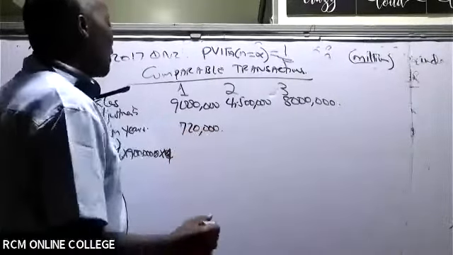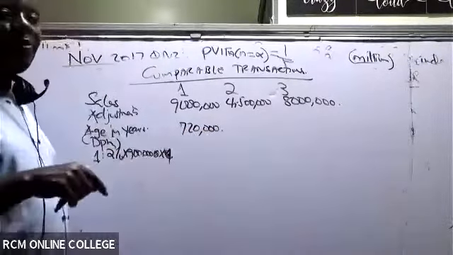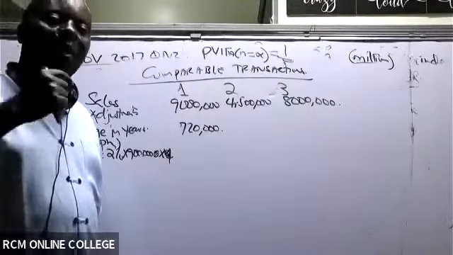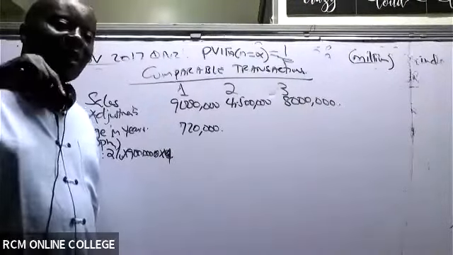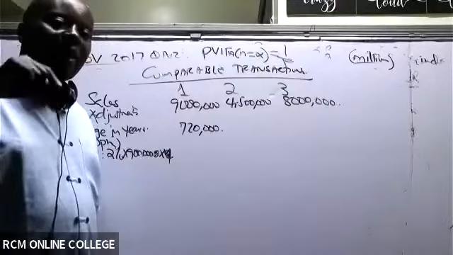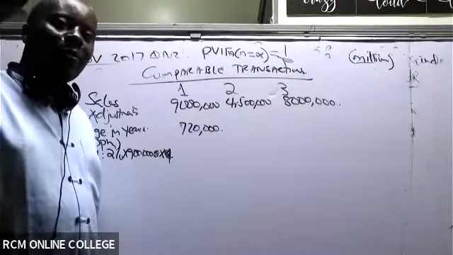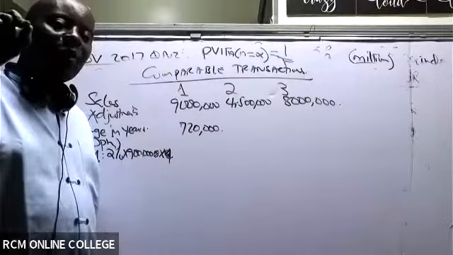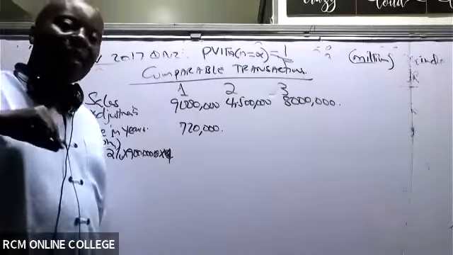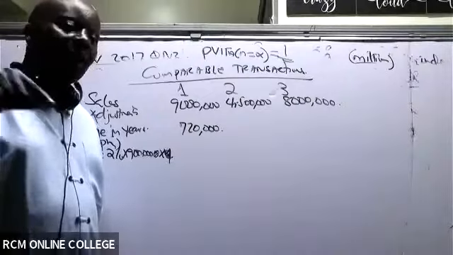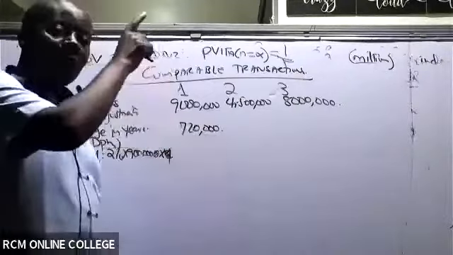720,000. So this 720,000, should it be positive or negative? Remember, our existing property is much newer. I would want these old properties' values to match mine. Now, because mine is newer, it's 5 years old, the other one is much older, then this will be a value uplift.